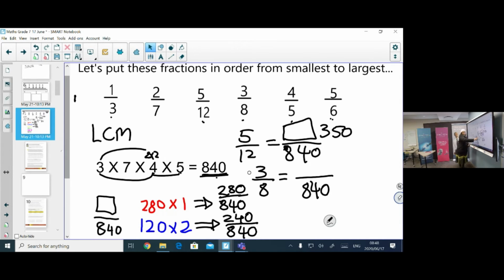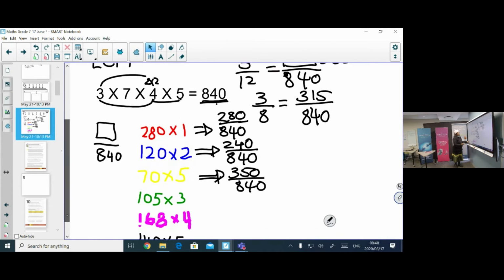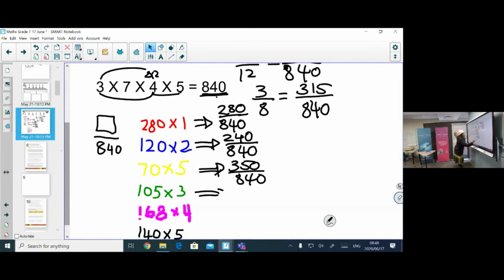But what must we do? We must multiply by 3, because we have 3 over there. So this becomes 315. So we write, this becomes 315 over 840.